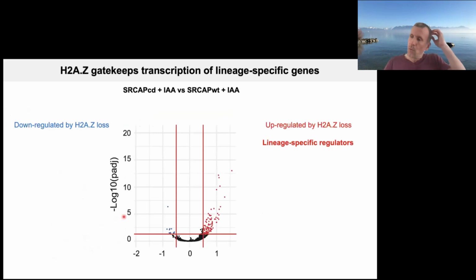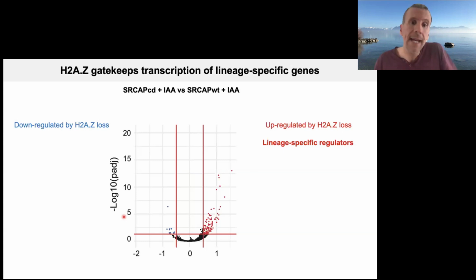So now we can compare head-to-head the catalytically dead treated with auxin versus the wild-type SRCAP treated with auxin. Now we're in a situation where in both cell lines we have the same SRCAP levels, but in one case we rescue H2A.Z levels and in the other case we don't. So this allows us to see changes that are caused by H2A.Z and not SRCAP.